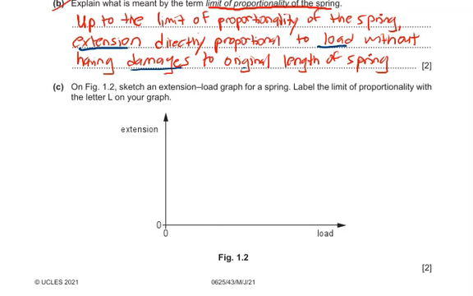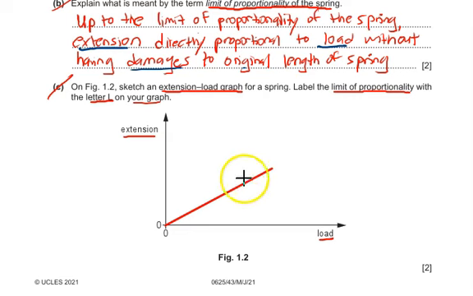Okay, C. On figure 1.2, sketch an extension-load graph of a spring. Label the limit of proportionality with the letter L on your graph. So this is the extension axis and load axis. Okay, for the graph here, first you have to draw a straight line starting from 0. From here, a straight line. And then you have to draw slightly above.